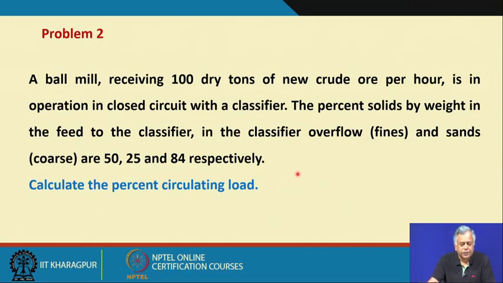Now, you see another problem. A ball mill receiving 100 dry tons of new crude ore per hour, that is the fresh feed, is in operation in closed circuit with a classifier.